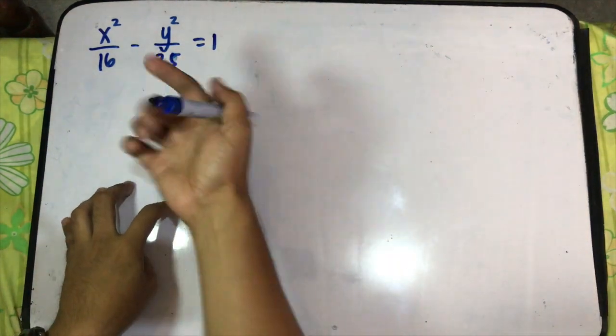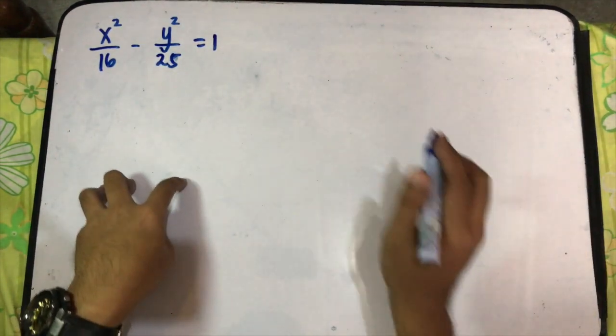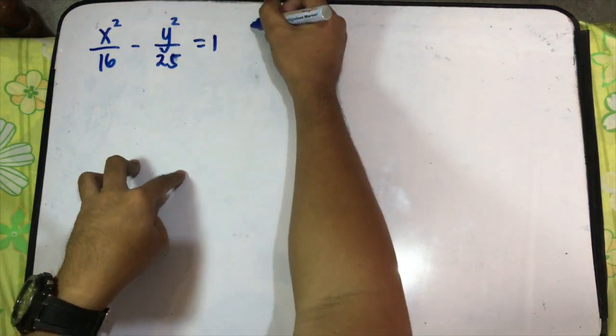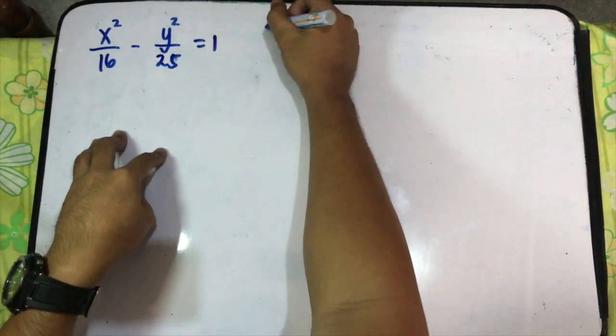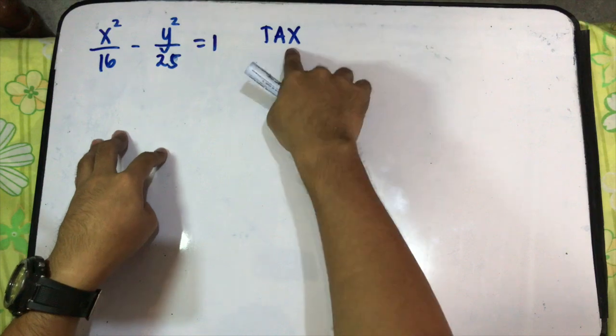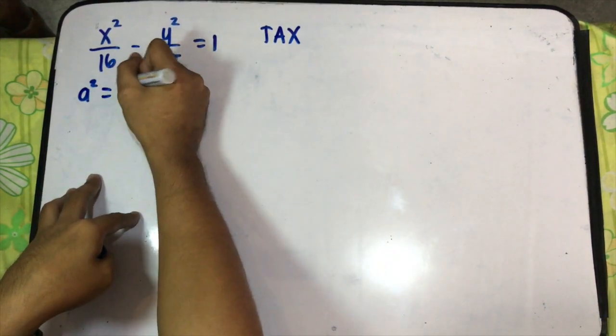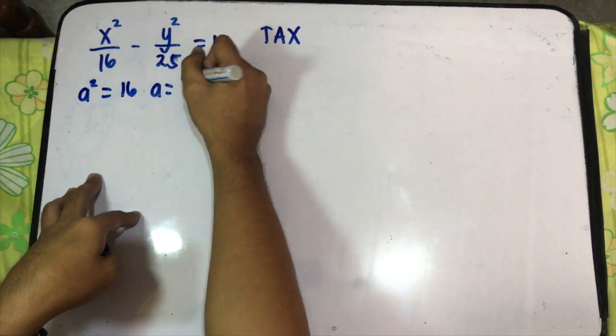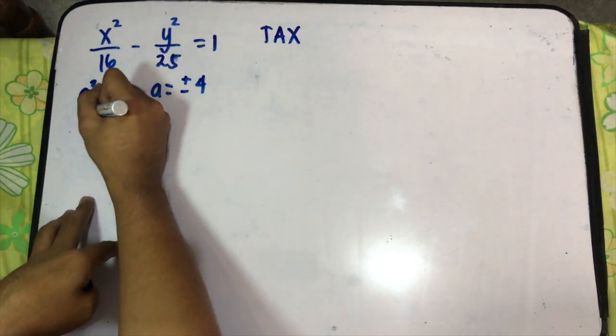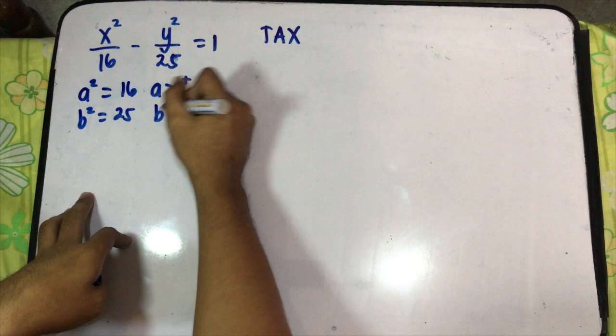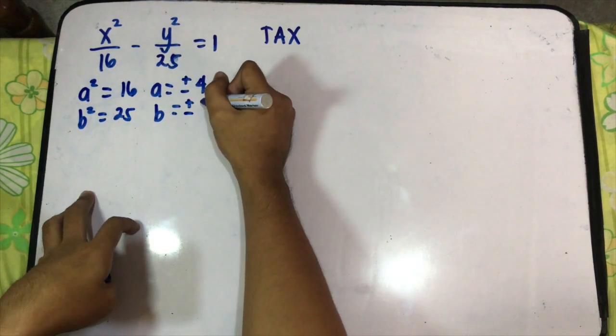So basing from this equation, let us first identify the transverse axis. Since x squared is positive, the transverse axis is x. So a squared is equal to 16, therefore a is equal to plus minus 4. b squared is equal to 25, therefore b is equal to plus minus 5.